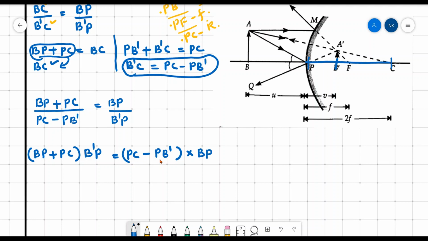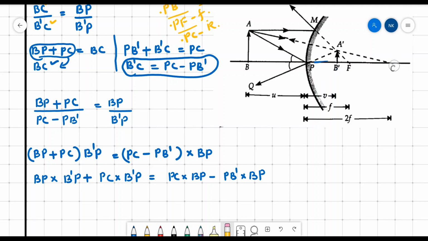Okay, so now we need to open the bracket, that is BP into B dash P plus PC into B dash P equals PC into BP minus PB dash into BP. Okay, now what you need to do is substitute for this BP, PC, B dash P, etc.